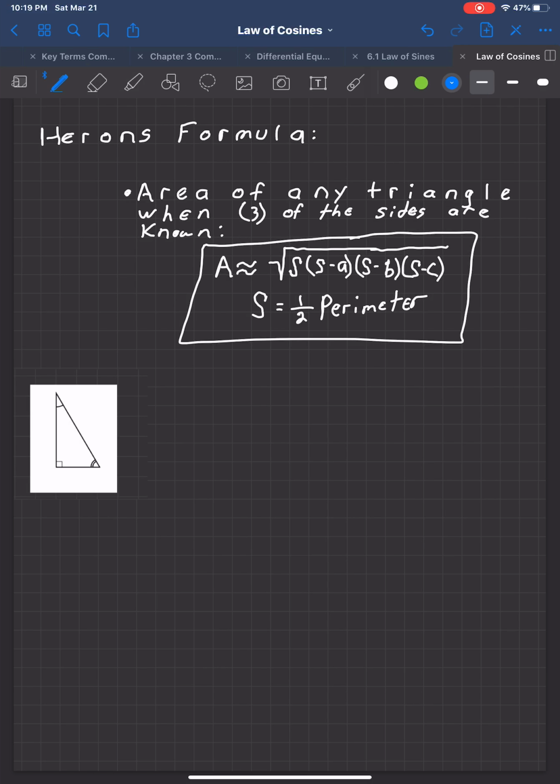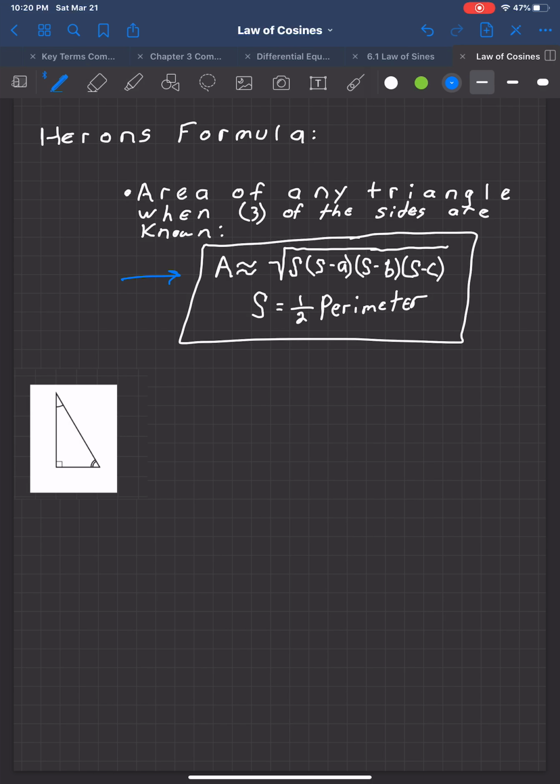And this little formula says that if I give you 3 sides of a triangle and you want to find the area of that triangle, then this little formula works beautifully.